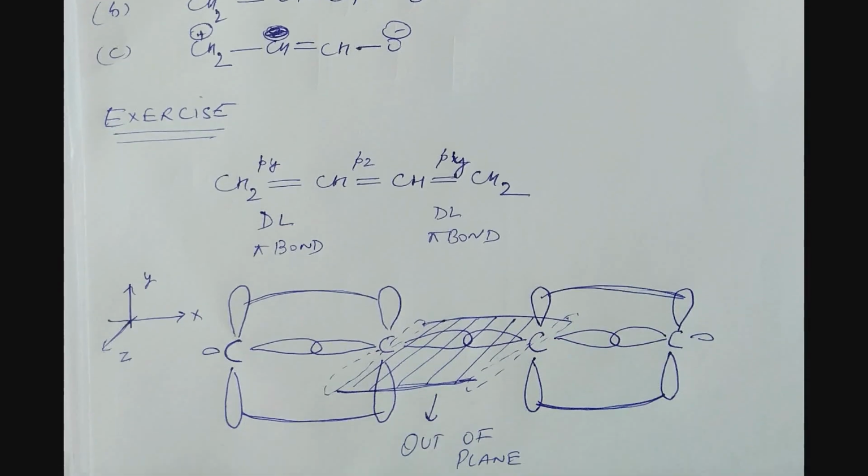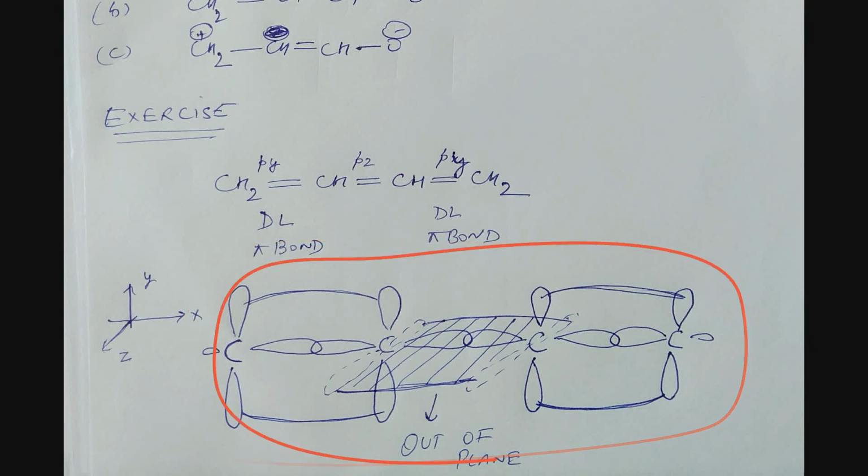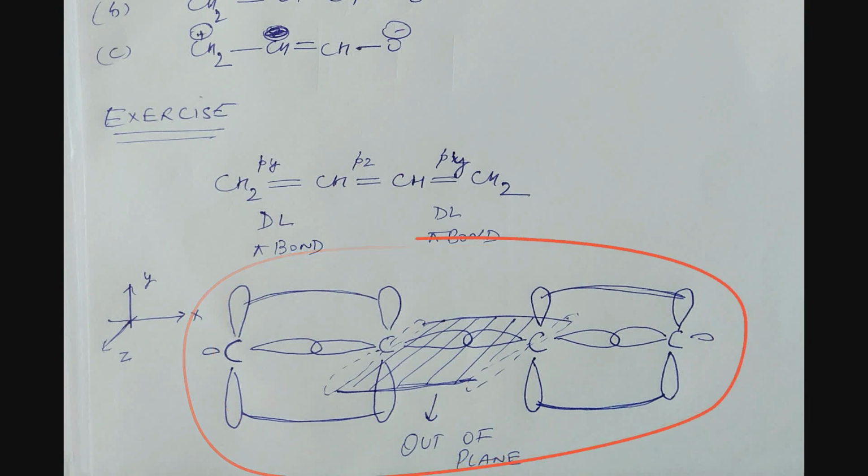Okay, now let's do an exercise which will help in our application part more. We have this type of molecule in which there are 3 pi bonds occurring simultaneously. If we draw their structure, to see how they will be bonded to each other, we can easily see that the first and the third pi bond are parallel to each other, and for resonance it was mandatory that the structure should be planar.